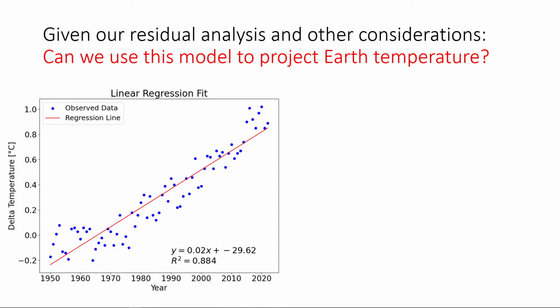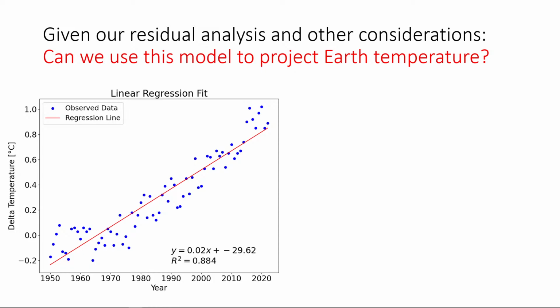regression here. So given our residual analysis and other considerations, can we use this model to project Earth's temperatures? That's my question. But before I even ask this question, can we use this model to answer our research question, which is whether the Earth's temperature is warming? Yes, we can.